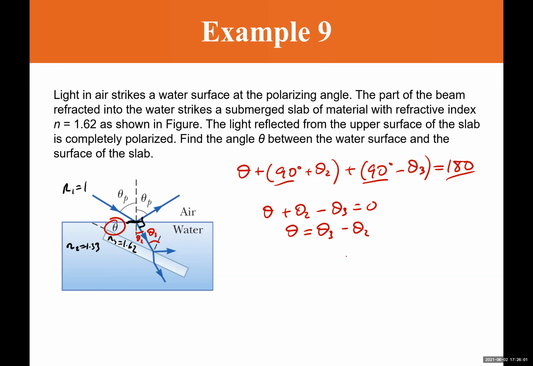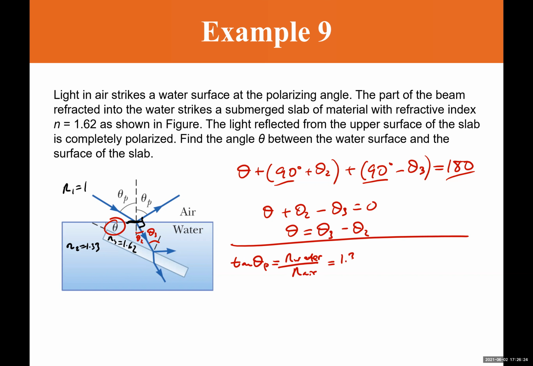So in terms of then, we can calculate theta p. Let's say theta p here is using the equation for the Brewster's angle. Tangent of theta p is equal to the index of refraction of water divided by the index of refraction of air.